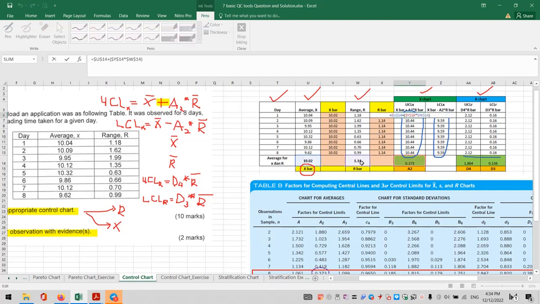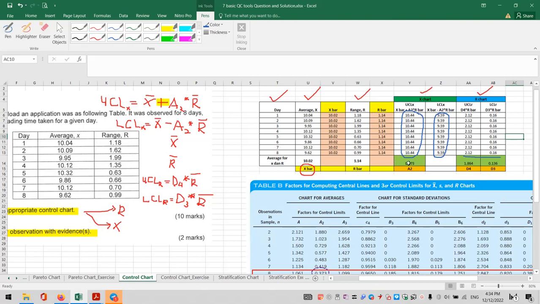So you just take X bar plus A2. What is the value for A2? A2 is 0.373. Wait, I need to check back.